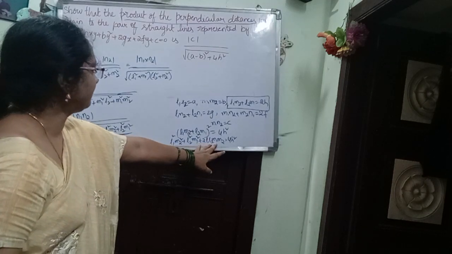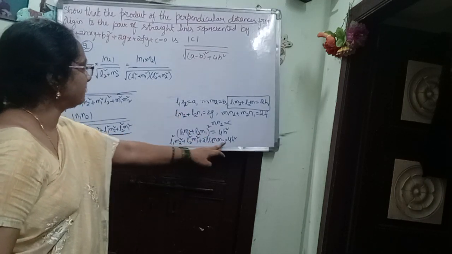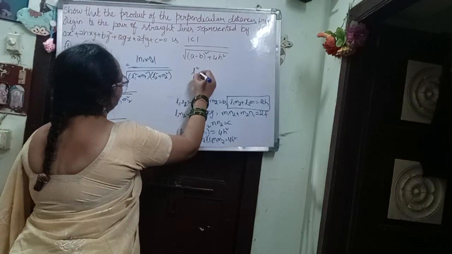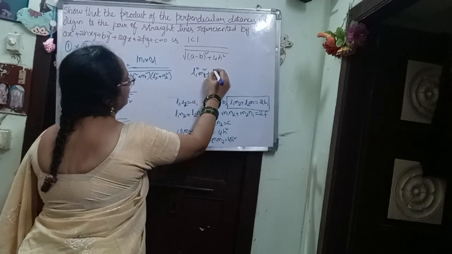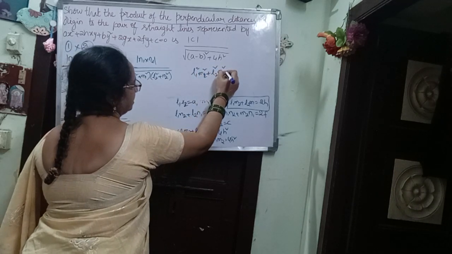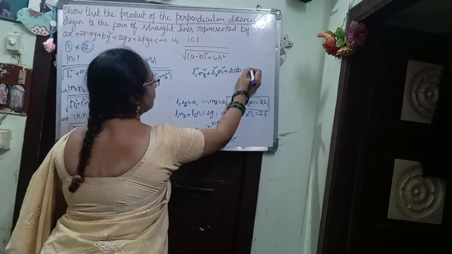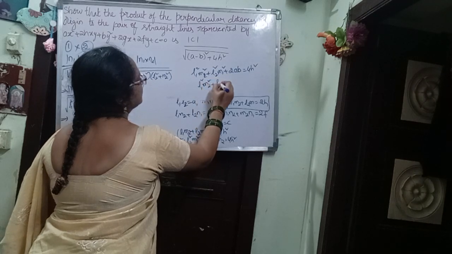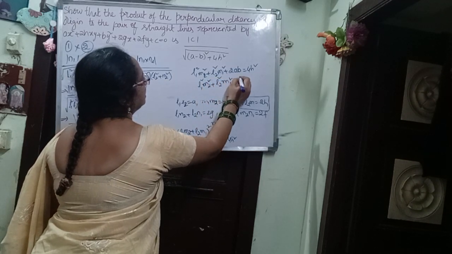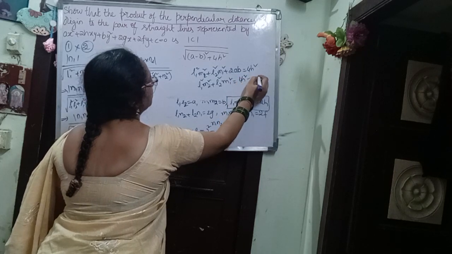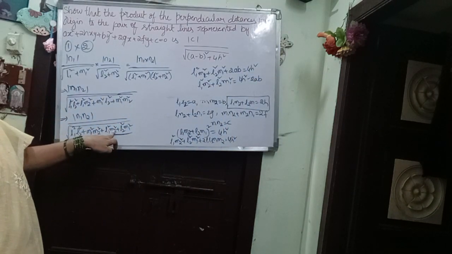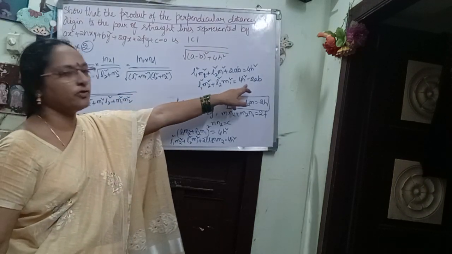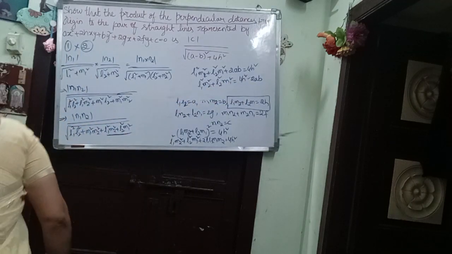Here 2 L1 L2 is 2A, M1 M2 is B, so we get L1 square M2 square plus L2 square M1 square plus 2AB equal to 4h square. So L1 square M2 square plus L2 square M1 square equals 4h square minus 2AB.